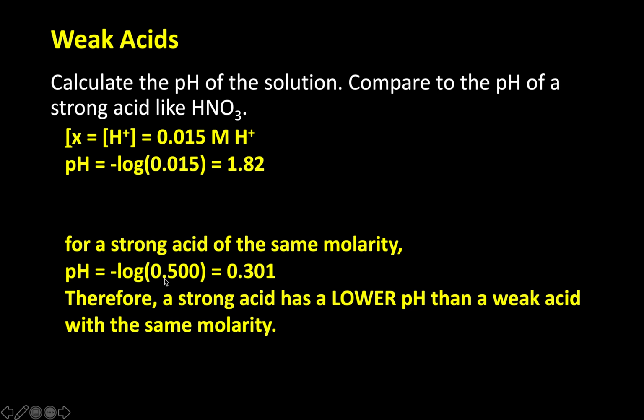So we can just throw in the molarity of the acid right there. Now what that means is the strong acid has a lower pH than a weak acid of the same molarity, because a strong acid will completely dissociate where a weak acid does not. So if we compare those 2 molarities, the strong acid is more acidic, it has a lower pH.